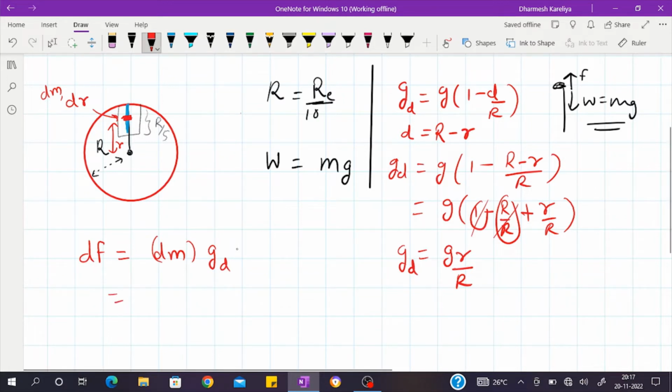Okay, so let us put the value of dm. Now how to find the value of dm? I think you know this, but let me explain that again.